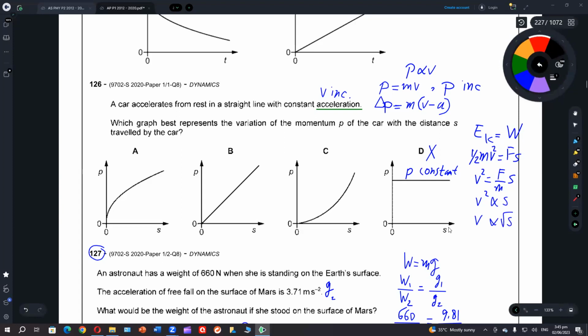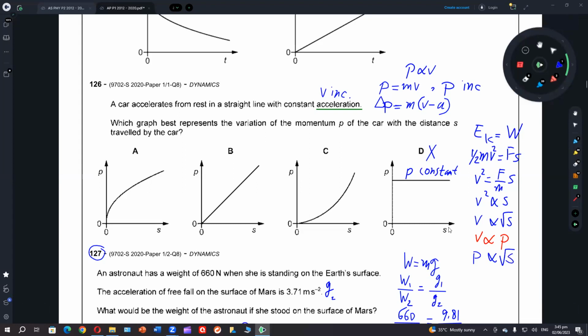it should bend towards the S axis. So only option A is bending towards S. So sketches are a very helpful source of solving such questions.